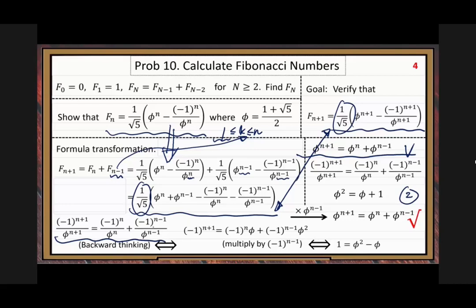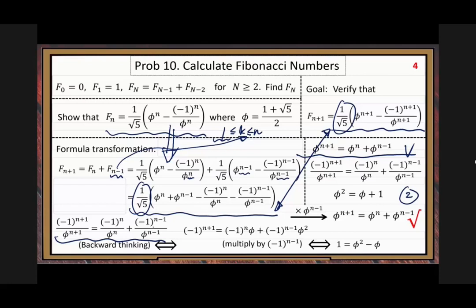Right-hand side becomes phi squared minus phi. Yeah. Phi squared, the coefficient is 1, positive. And the phi, its coefficient is -1, negative. So it becomes phi squared minus phi.